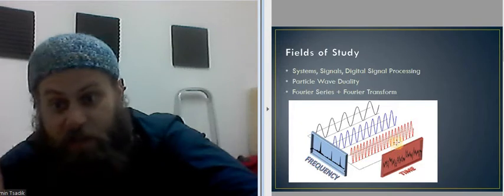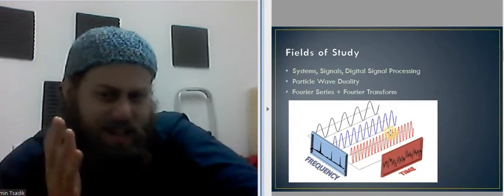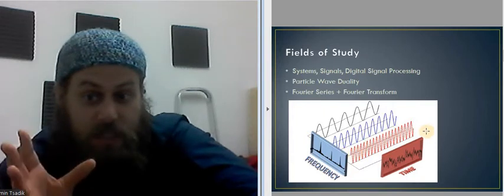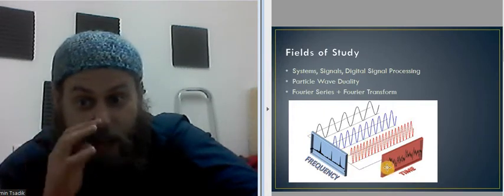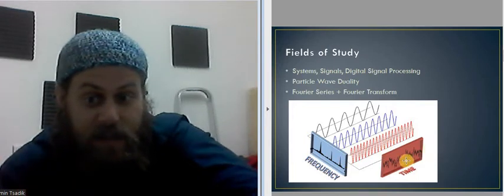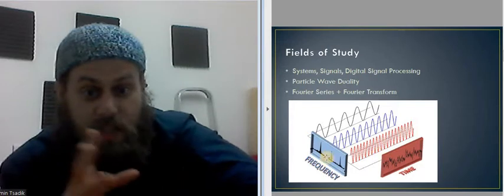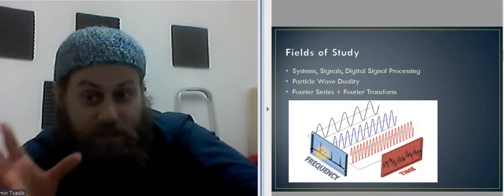Okay, so the information structure in the universe that we can get to, it's not zeros and ones, it's frequencies, and it's how these frequencies add up together and represent themselves in the universe in this way. Okay. And so doing this transform, we can look at the information in a different way, right?